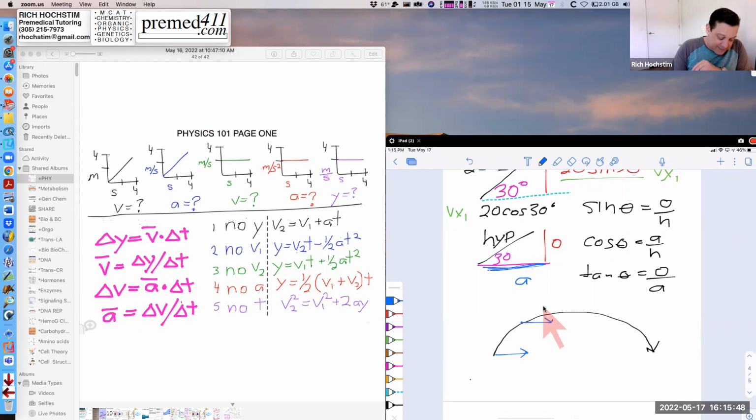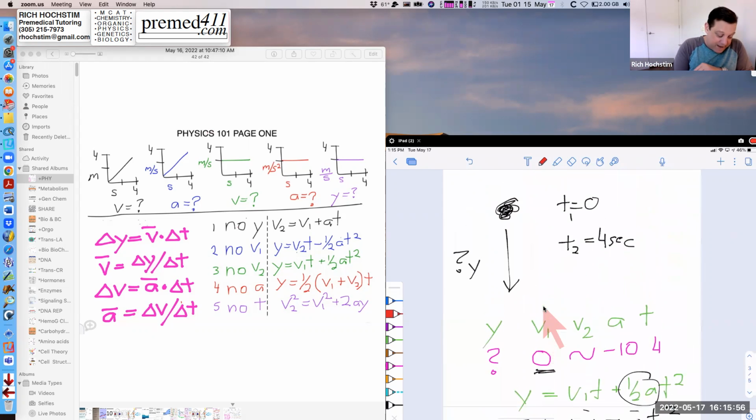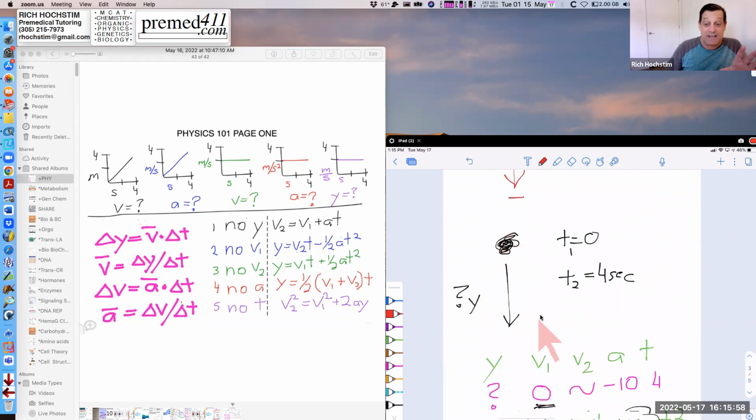It's going to look like this because there's no acceleration. But the y component is going to act just like what we saw over here, except it's going to start going upwards, and then it's going to end up at 0 position, and then it's going to go downwards.